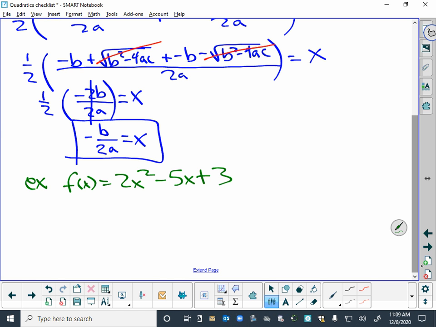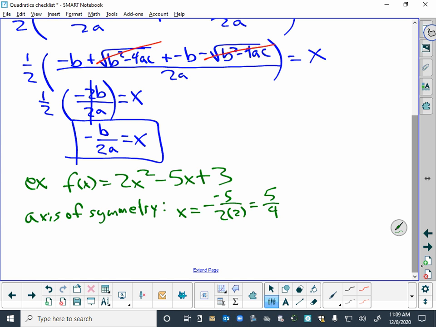So the process tells us that we can skip all of those other steps along the way, and the axis of symmetry has the equation x equals the opposite of b, which is negative 5, over 2a, so that's 2 times 2, and so that looks like a positive 5 over 4.